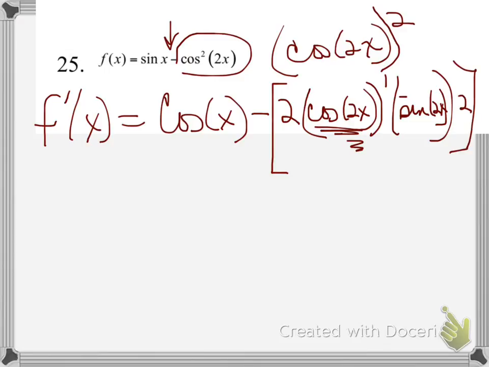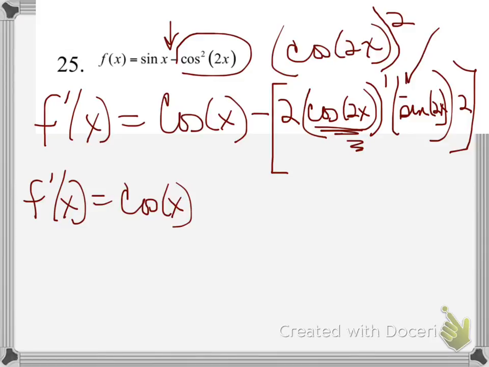Alright, now let's put this all together. Nothing has changed with the first term. It's still cosine x. Now, you have to clean this up. You cannot leave this negative embedded. It's going to look like it's a subtraction sign. It is not. It's a negative sign. So that negative times this negative makes the whole thing a positive. So here's my positive. Now let's see what else we can start combining. This number and this number can be multiplied and should be multiplied.